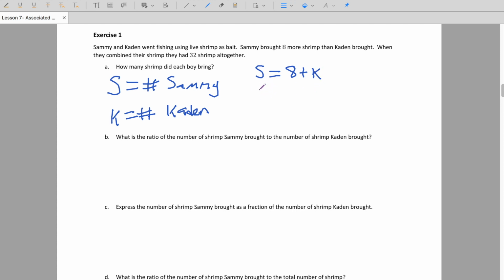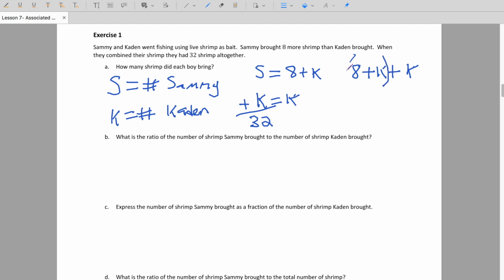We know that however many Caden bought is equal to however many Caden bought, right? That's obvious. But we know that together, if we add Sammy's plus Caden's, we're going to have 32. Now we're going to do a little algebra here. We have 8 plus K plus K. Why am I doing that?